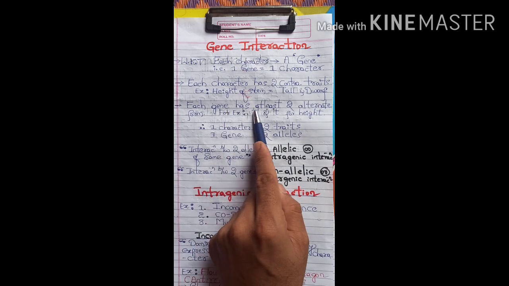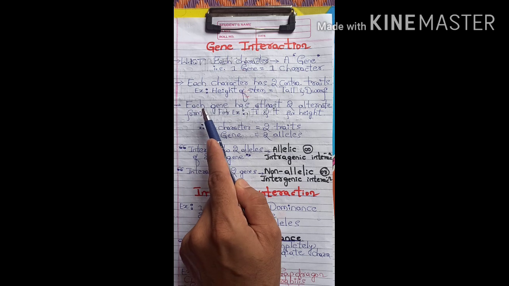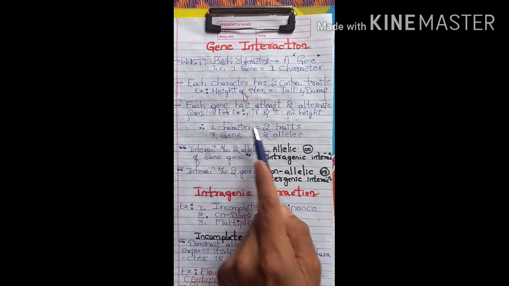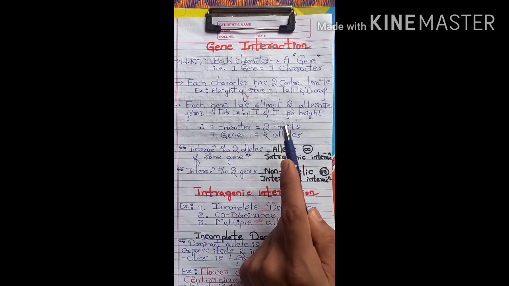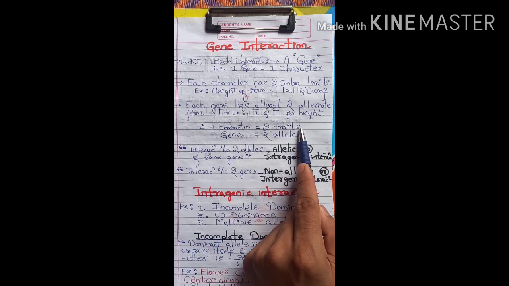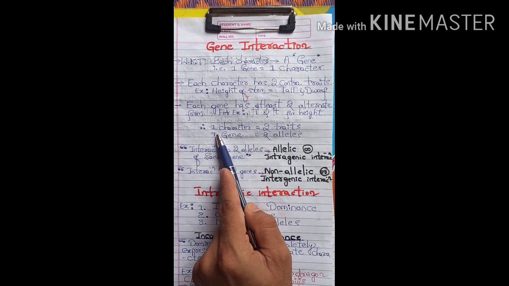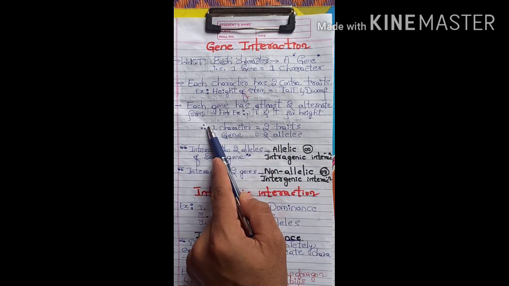Similarly, each gene has at least 2 alternative forms, and these alternative forms of a gene are called alleles. So remember one more formula: 1 character is equal to 2 traits, 1 gene is equal to 2 alleles. Therefore 1 gene controls 1 character.